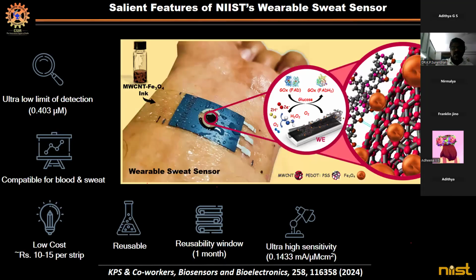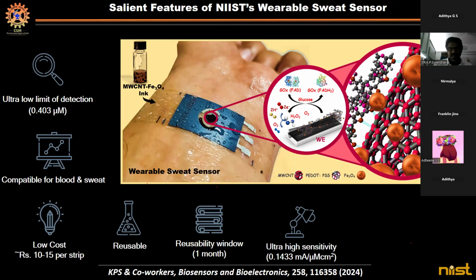In a nutshell, you can see the very low limit of detection for this sensor, and it has a very low price. Even the blood strip currently available in the market is a minimum of 50 rupees, and we got something one-fourth of that, only 10 to 15 rupees per strip.